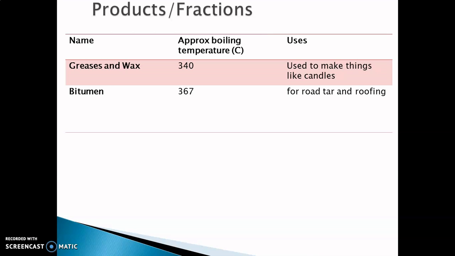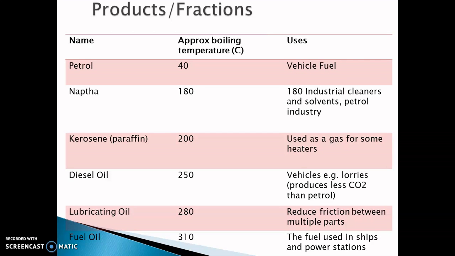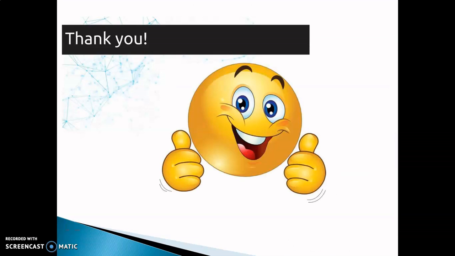So these are the various fractions obtained from crude oil at different boiling temperatures, every fraction has a particular use, and that is how we are running. Fine.